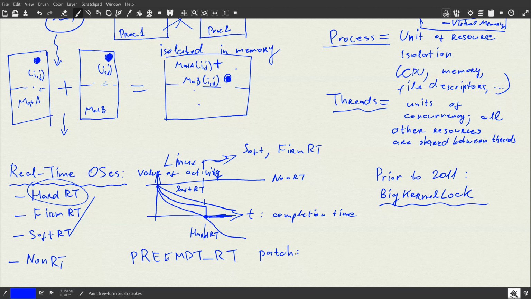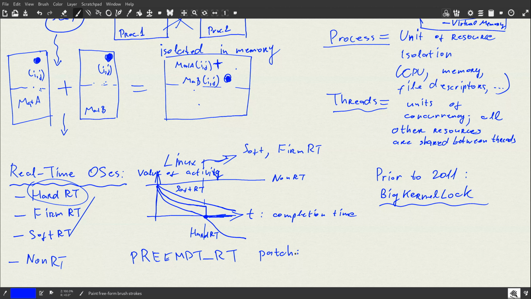This is not the same as a big kernel lock, because this would not be a single lock for all processes. But still, this particular process might not be preemptible at a particular point. The preempt-RT patch to the Linux kernel completely eliminates such a possibility, and each and every process can be preempted at any time without any restrictions. That's one.